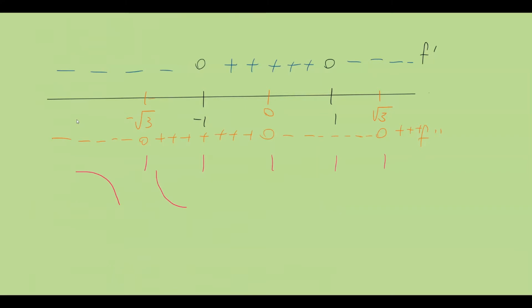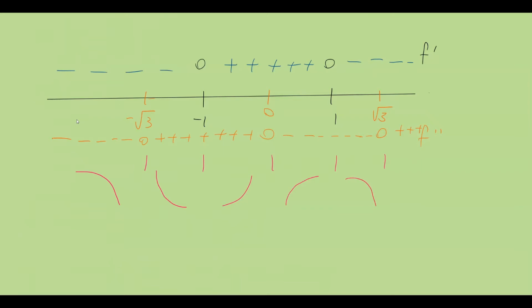Between -1 and 0, it's increasing and concave up, right? So something like that. Curve a little more, right? Something like that. Between 0 and 1, increasing and concave down, that will look like this. Okay. And between 1 and radical 3, decreasing and concave down.